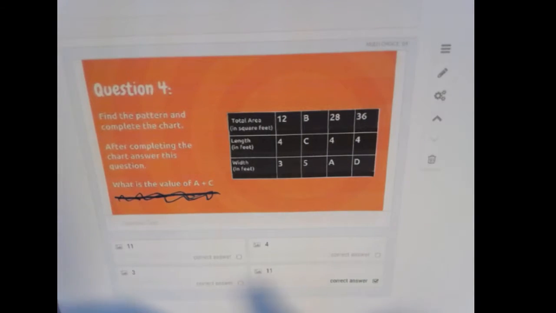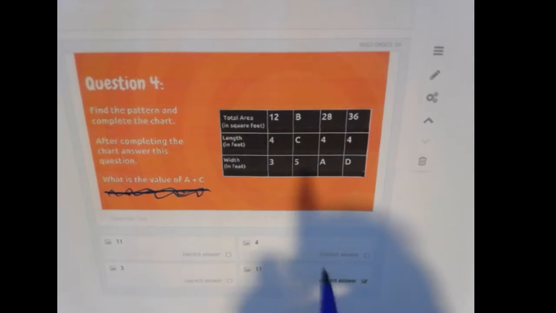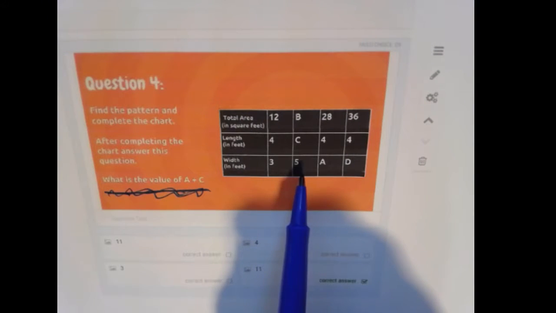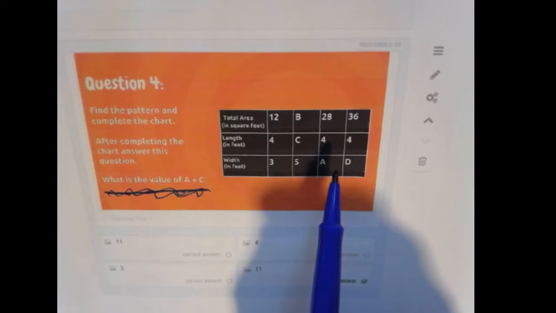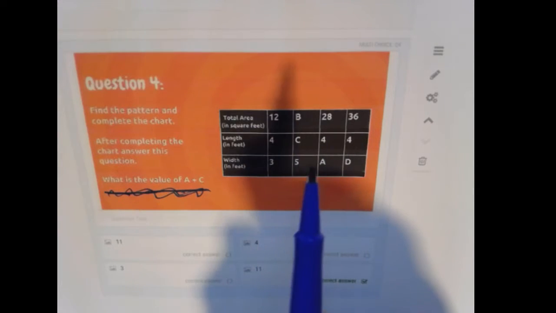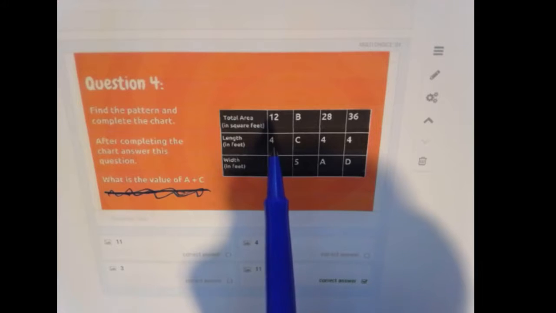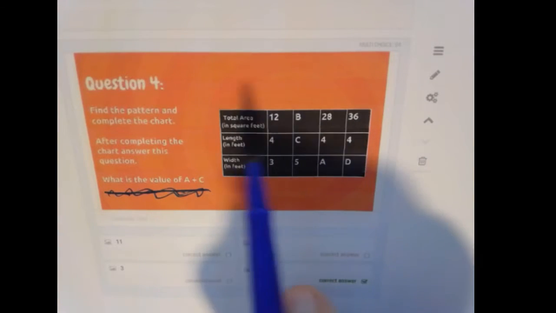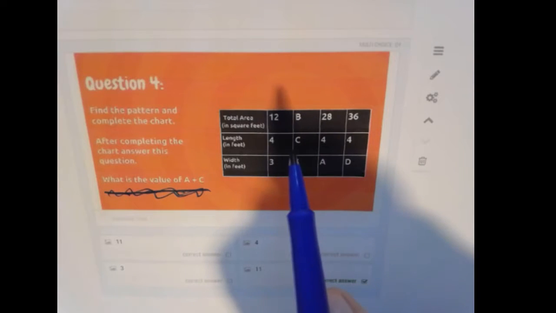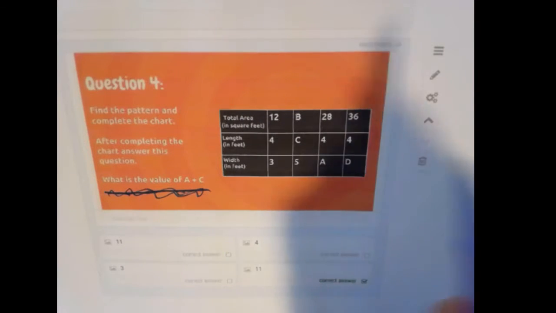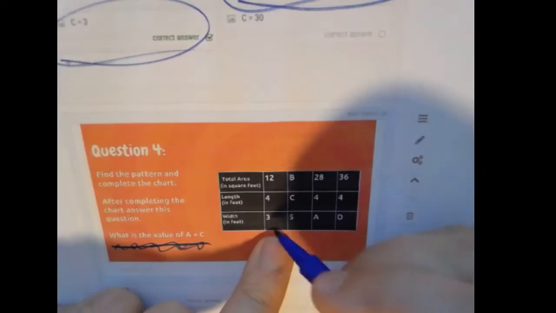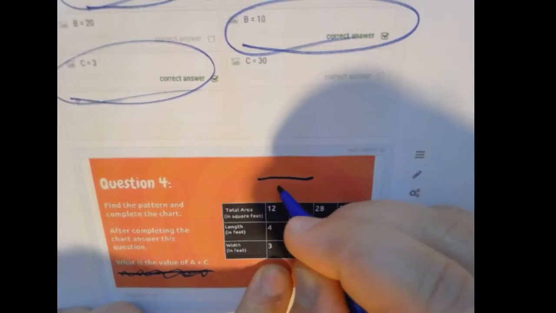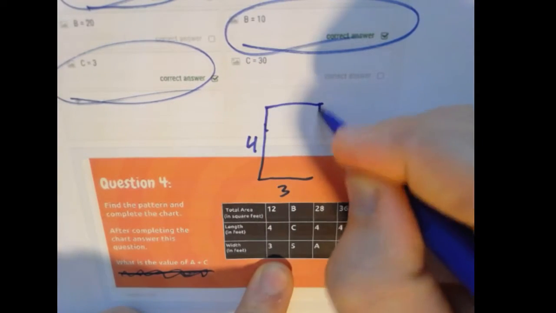Okay, so let's fill this in. What are we doing here? So we have 3, 5, blank, blank. Up here we have 4, blank, blank, blank. It looks like in this case it's following the pattern where the length is staying 4. So we know all the information here. It's a width of 3, height of 4, to get an area of 12.